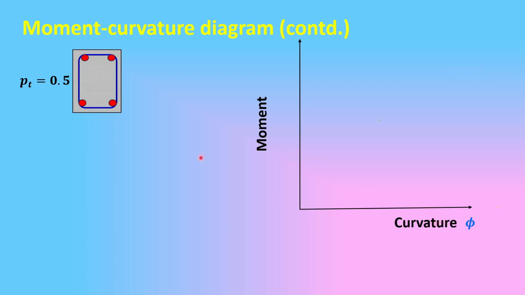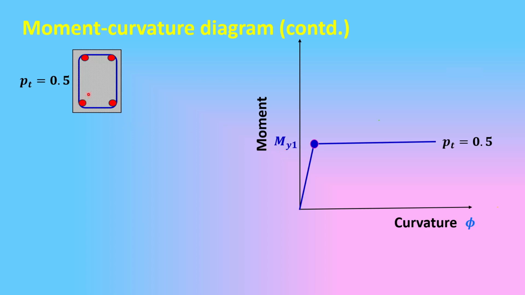So the moment curvature diagram I shall draw for this beam section, and when you have bilinearized or idealized it, it is a straight line rising, then a flat line, and this is the yield point. Corresponding to this tension steel percentage 0.5%, let the yield moment be My1.